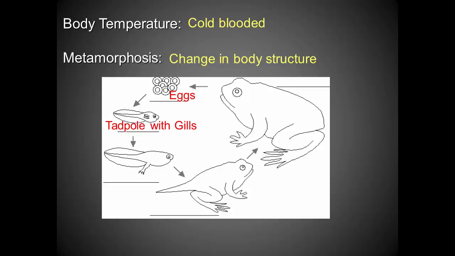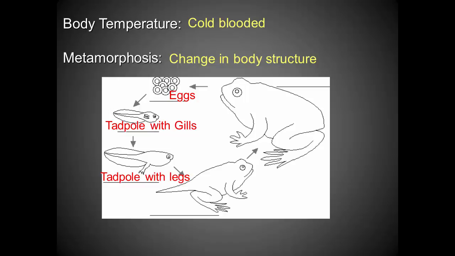We're going to see preserved examples of different stages of frog metamorphosis tomorrow or Thursday. So those tadpoles have gills, but as they grow and mature, they start to change. They start to grow legs. Their tail starts getting shorter and shorter. Their gills begin to disappear, and they start to form another organ. What starts to form? Lungs.